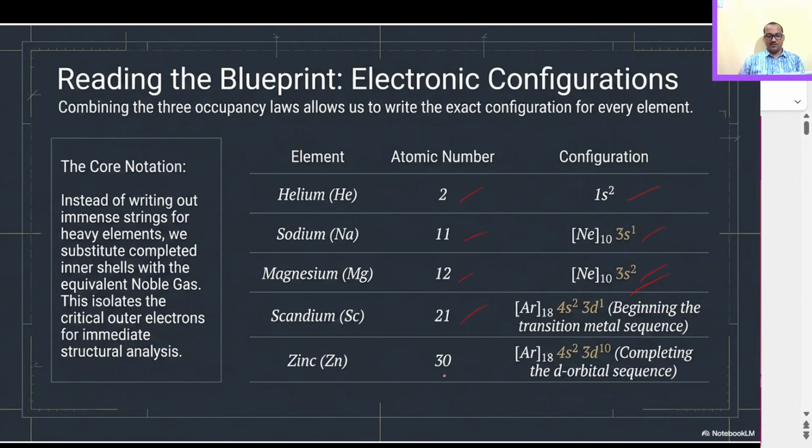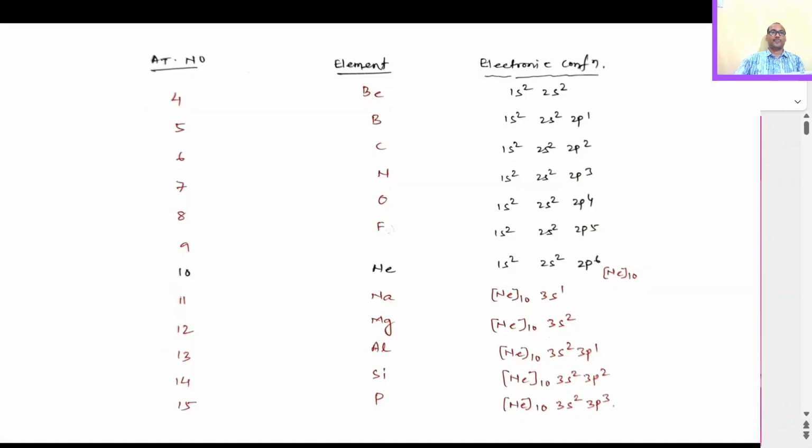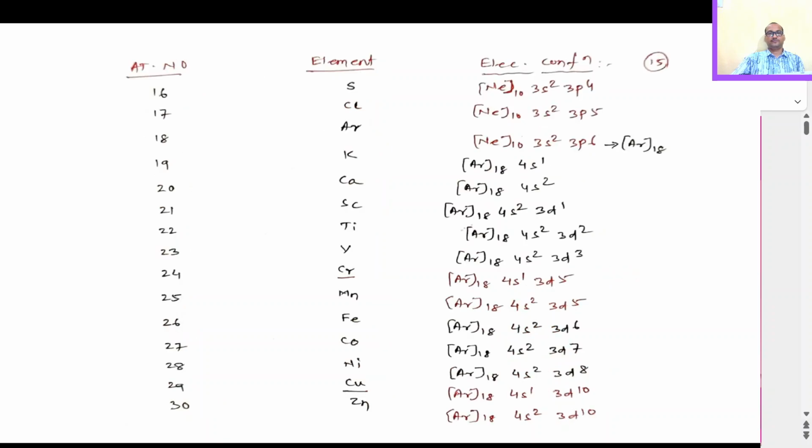Similarly, zinc, atomic number 30, electronic configuration is argon 18, 4s2, 3d10. So here you can see from atomic number 4 to 15, you have different electronic configurations based upon the above principles. Similarly, from atomic number 16 to atomic number 30, you can have these configurations.